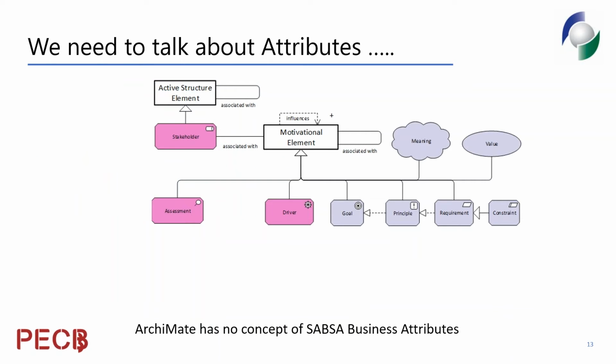Attributes. Those of you that are maybe not so familiar with the SABSA methodology, there's another core principle that goes alongside identifying the capabilities of an organization that have value, which is that when you're trying to build maybe a new system, and it appears to be a black box to the stakeholders, they don't see its internal composition, but they are able to articulate what properties they want this system to have, right?